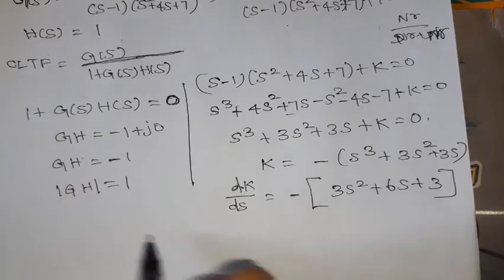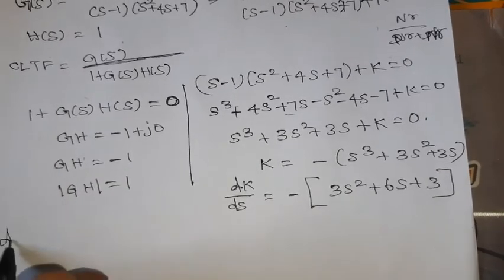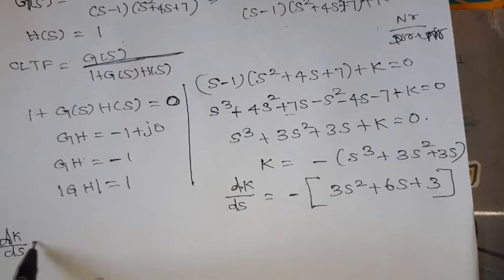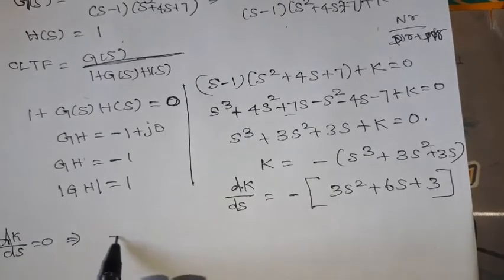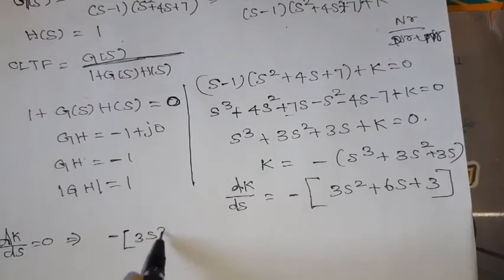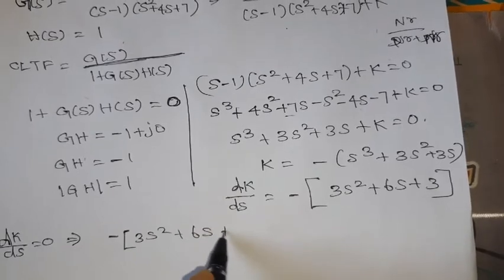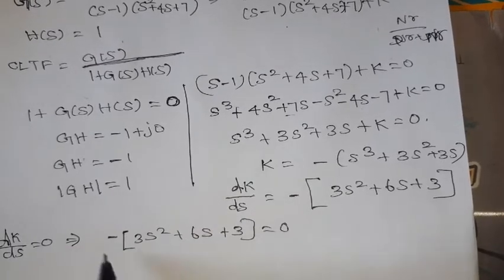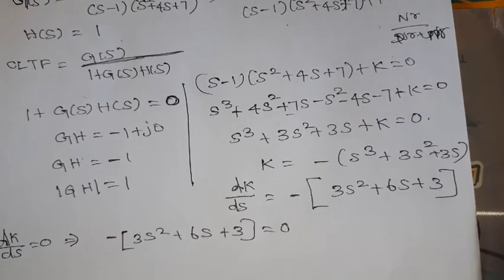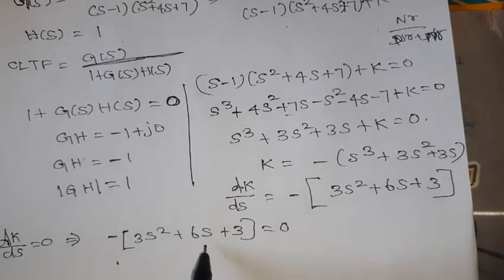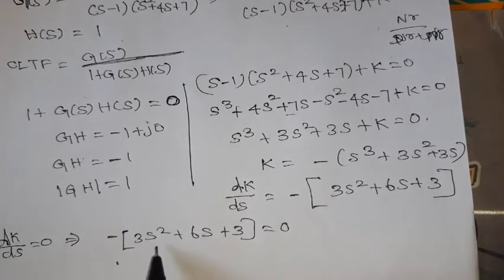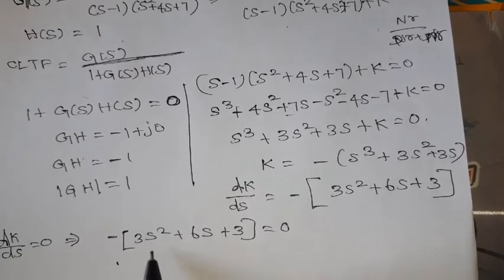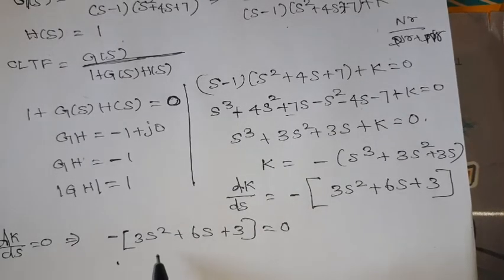Substitute dK by ds is equal to 0, whereas this term minus 3s squared plus 6s plus 3 equal to 0. This minus sign will go to that side. So 3s squared plus 6s plus 3, this is a multiple of 3, so we can divide this term by 3.